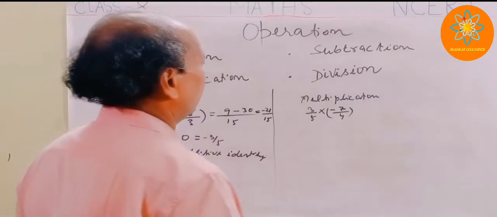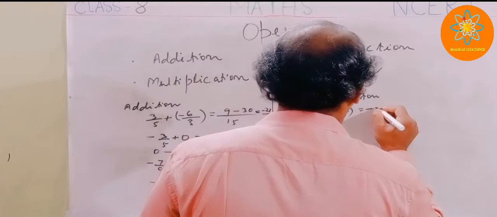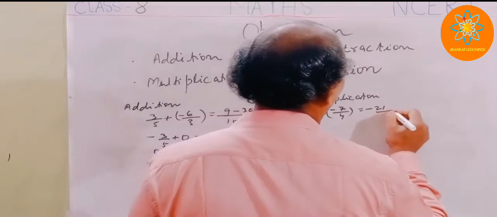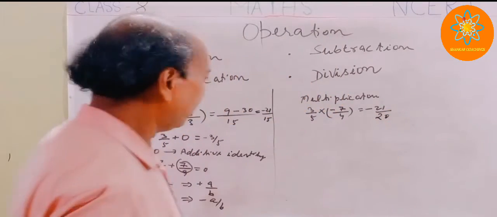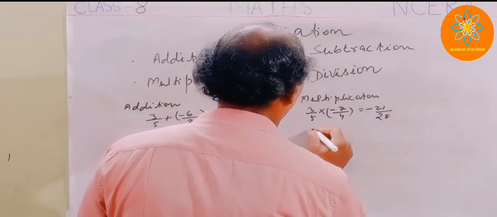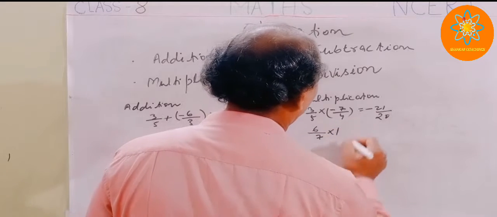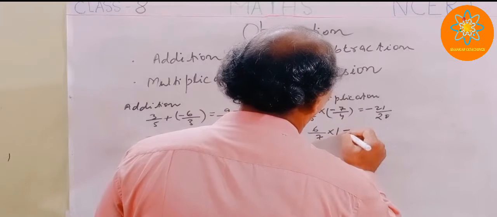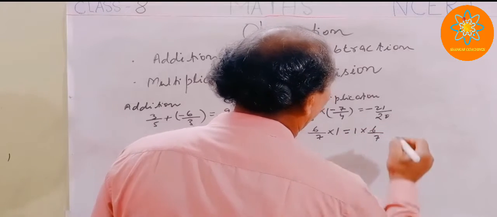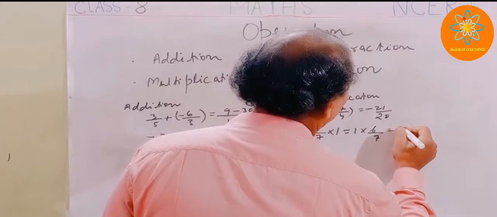The result will be minus 21 by 20. But suppose we take any number like 6 by 7 and multiply it by 1, or 1 into 6 by 7, we get 6 by 7, the same number.